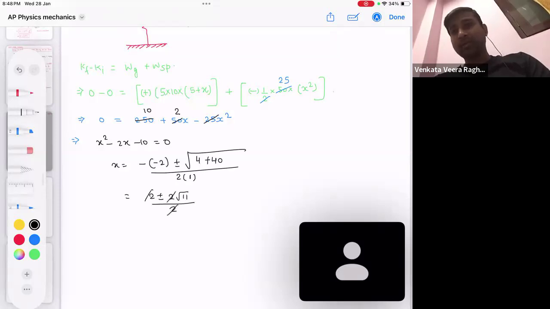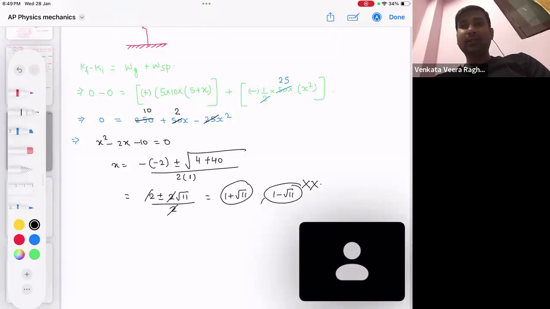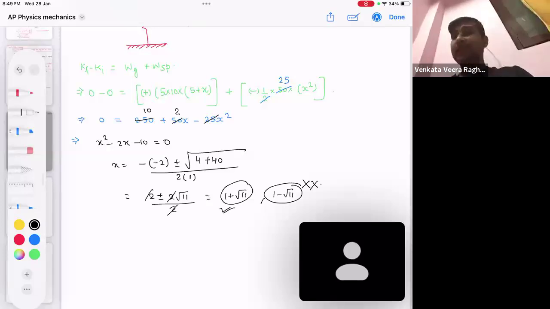The 2 cancels out. 1 plus root 11. Another answer is 1 minus root 11. That is negative, not possible. What is the correct answer? 1 plus root 11. That is the maximum compression in the spring we got. Please tell me, is this clear?